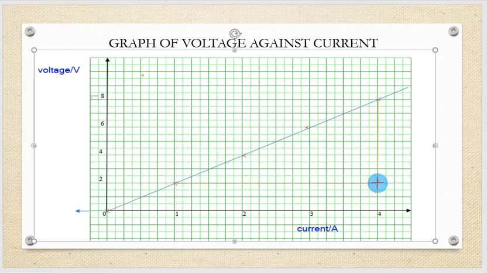As you can see, we can calculate the change we have from this point to that point. That will be delta V, because the quantity that we have here is the voltage. Delta means change in. This point is 2 on the vertical axis, and that point is 8.